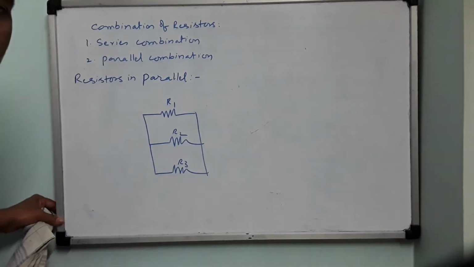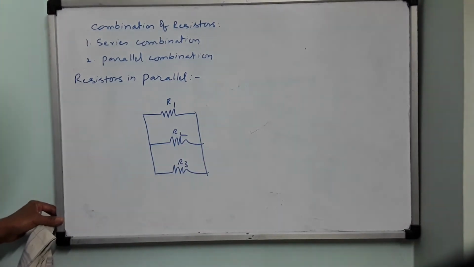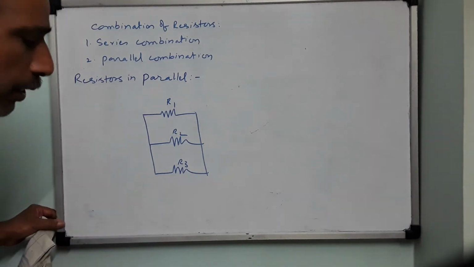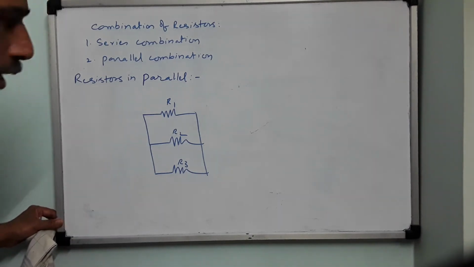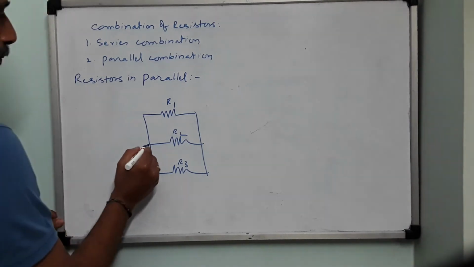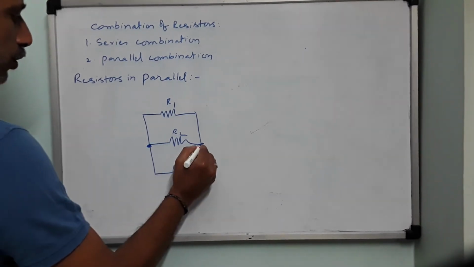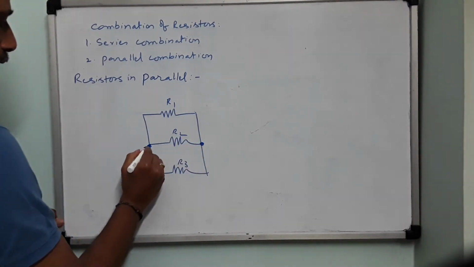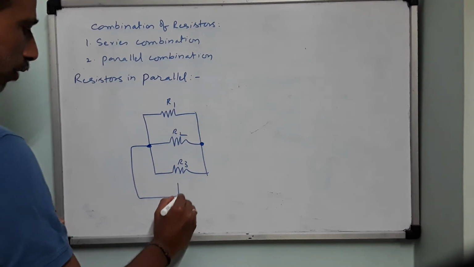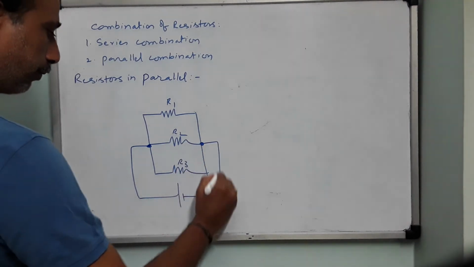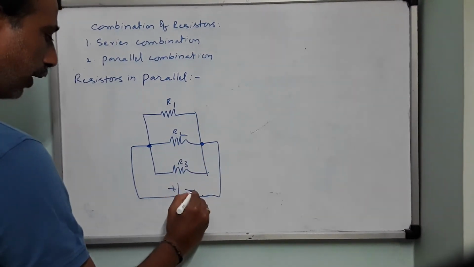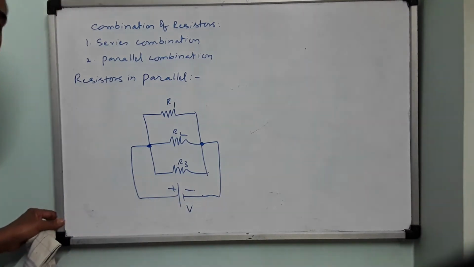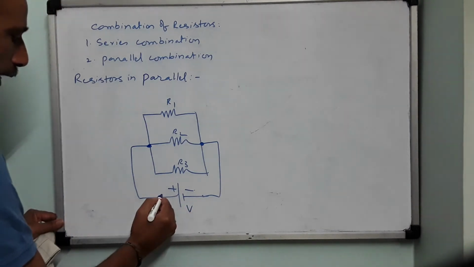Children, I taught you how the parallel combination works in capacitors. The same thing is applicable to resistors also. So the common point of all the 3 resistors is connected to a source of potential difference V, plus and minus. Now this will send a current out.